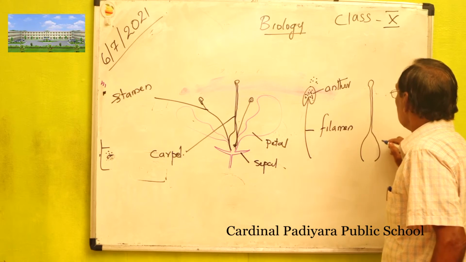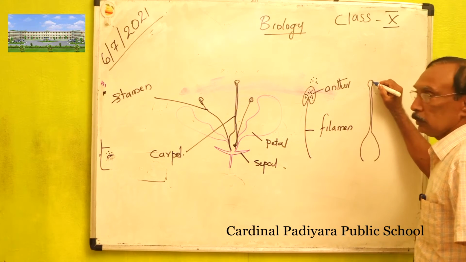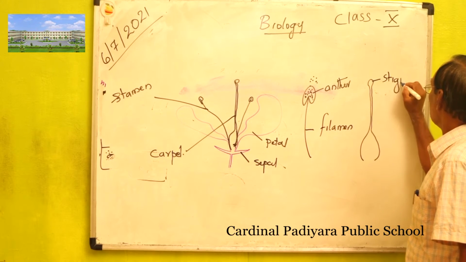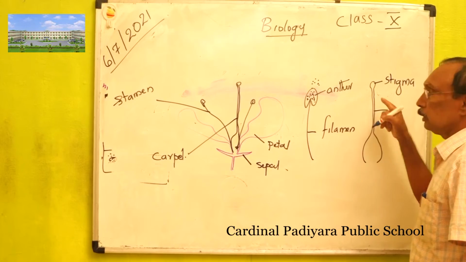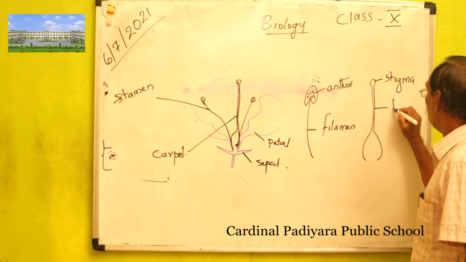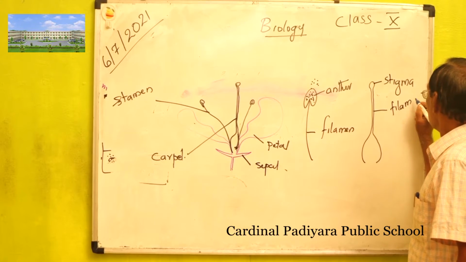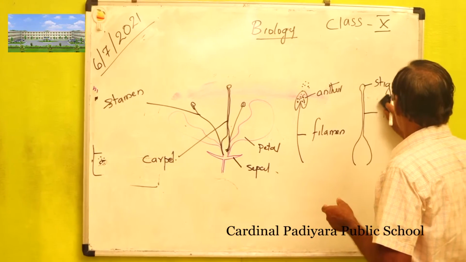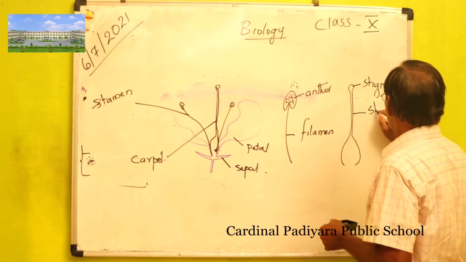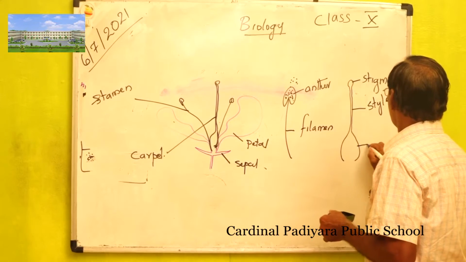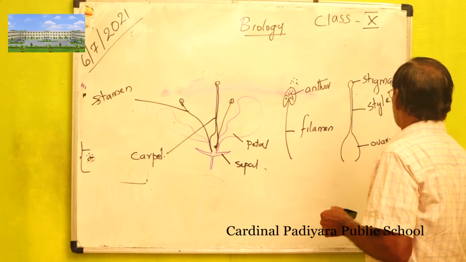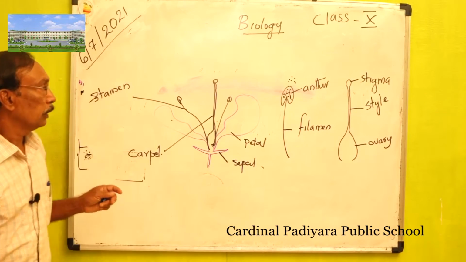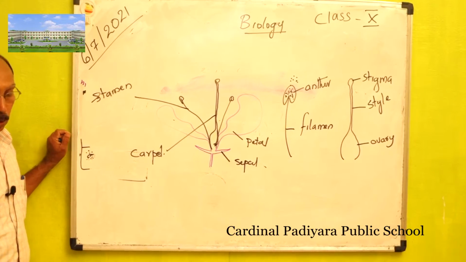This sticky part is called the stigma, and this slender part is called the style, not filament, style, and this is called the ovary. So a carpel has three different parts: stigma, style, and ovary.